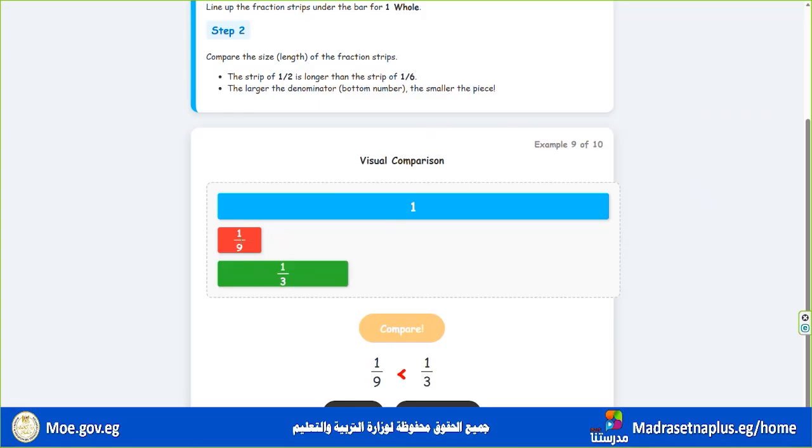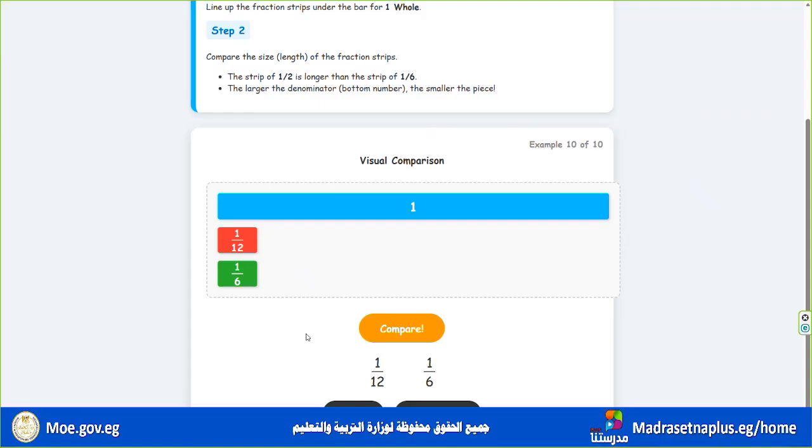Yes, 1/9 in red is smaller than 1/3 in green. Last example, 1/12 and 1/6.